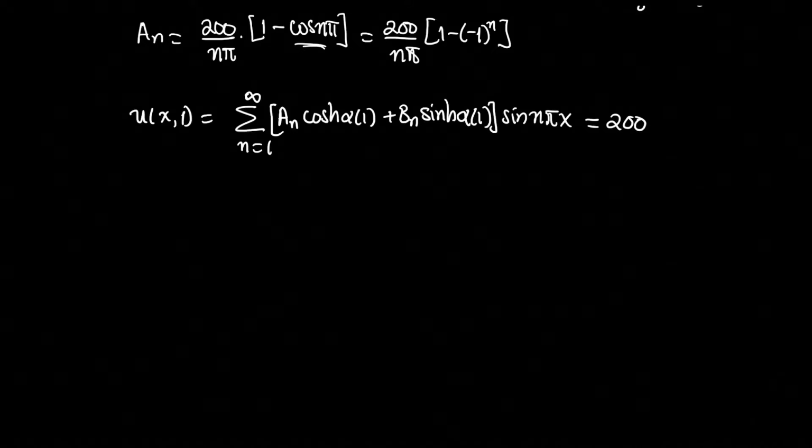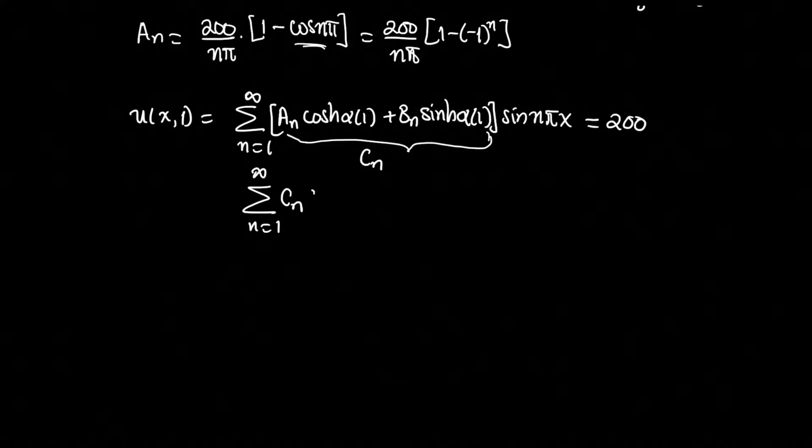Now all of this is going to be a constant. I'm going to say equal to C_n. Then you just have the summation. That's a constant because this is alpha, this is alpha, this is a_n, so all of them are constants. So you just want to find the value of this general constant in this case. C_n sine n pi x has to be equal to 200.